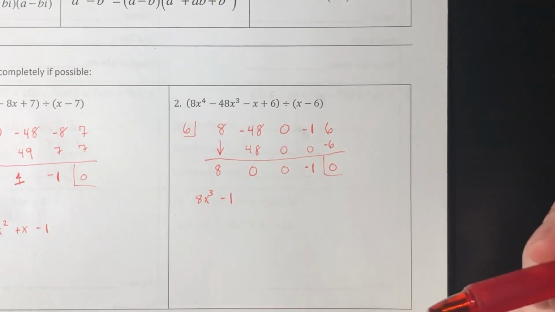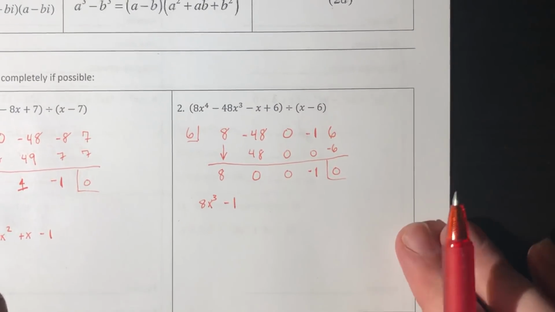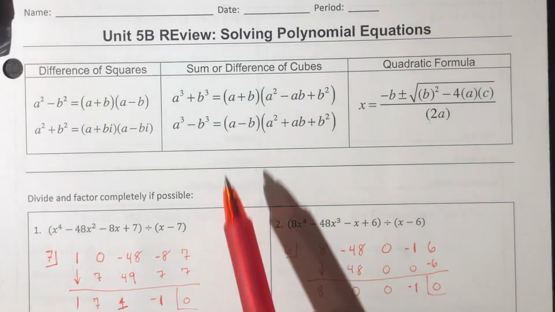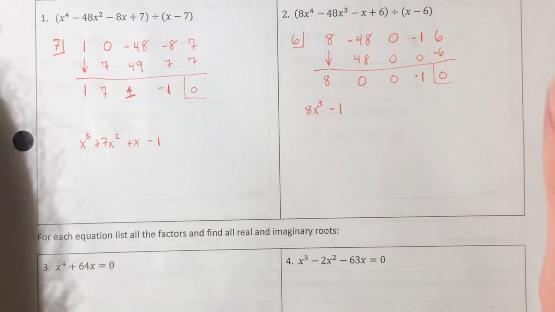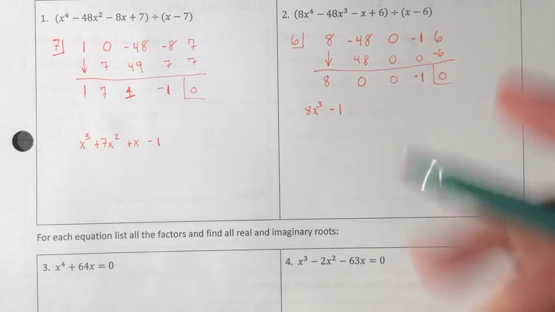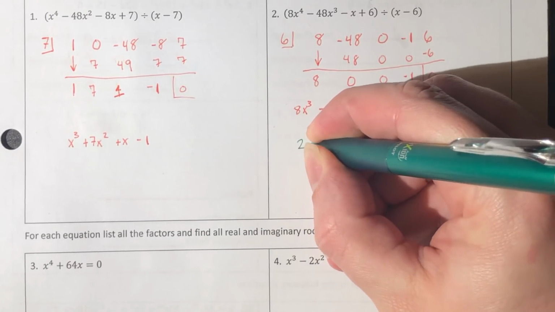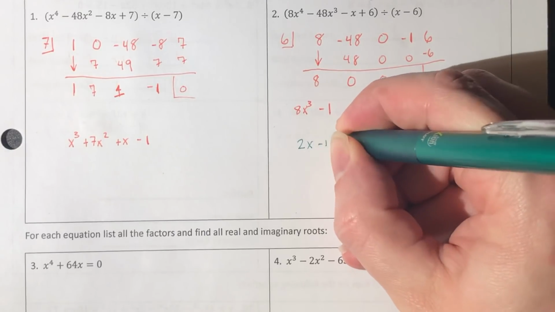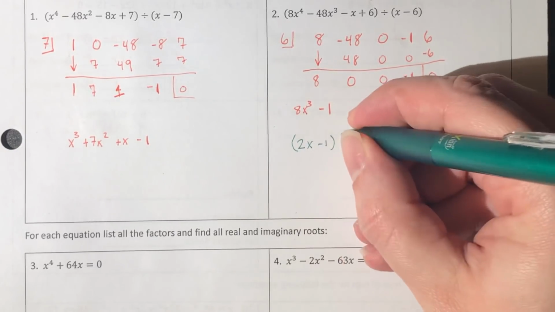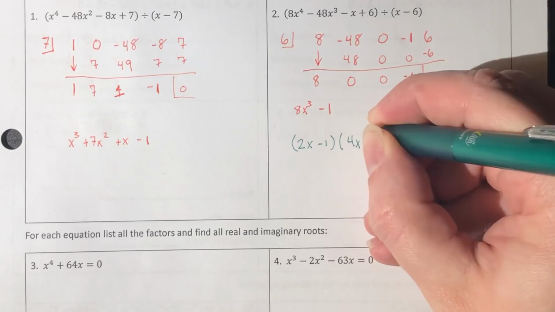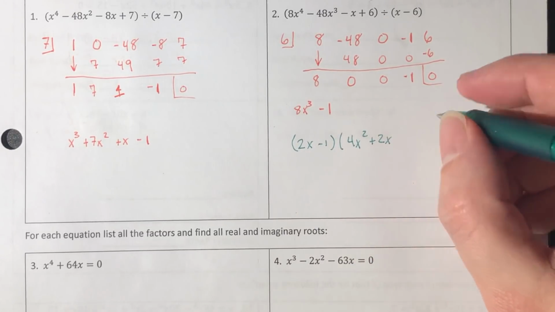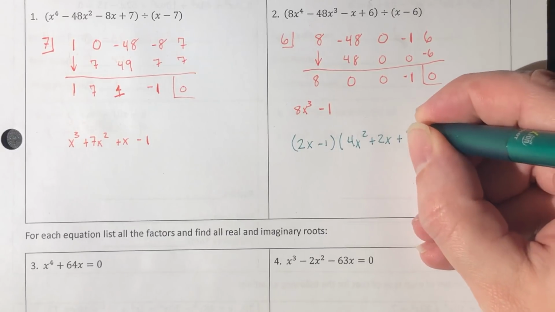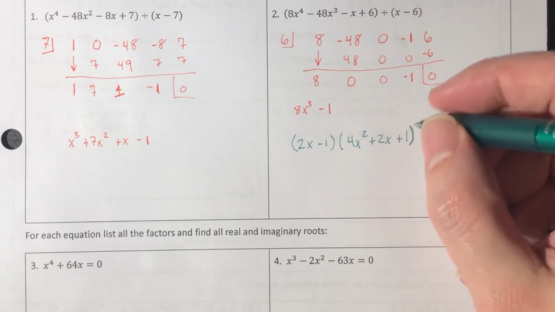Now this can factor further, and I need to note that what we have here is a difference of cubes. So that can factor, and it would be 2x minus 1, 4x squared plus 2x plus 1.